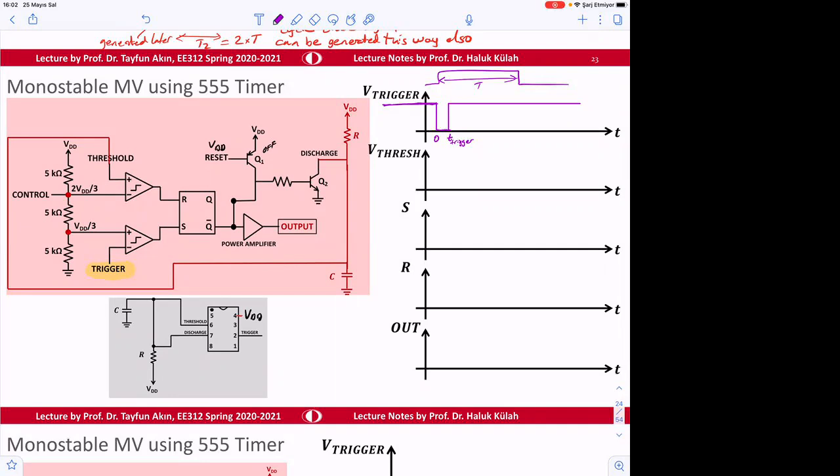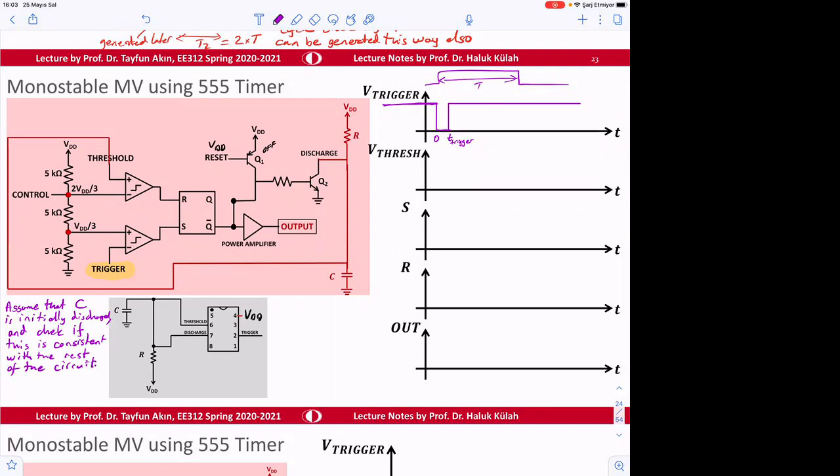So for this circuit, we can assume that C is initially discharged, and then check if this is consistent with the rest of the circuit.